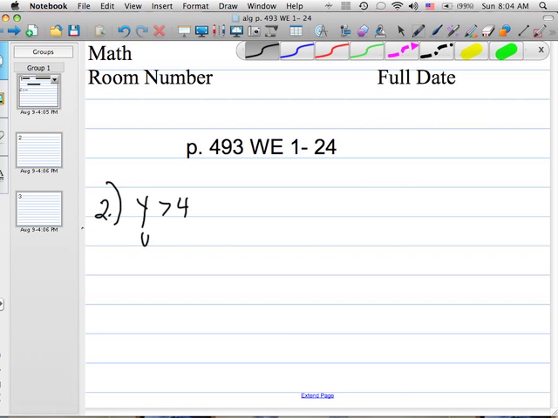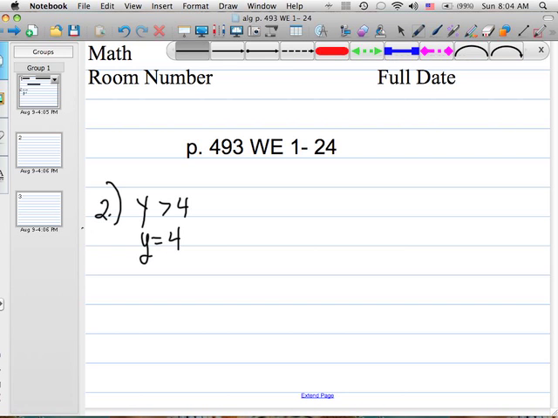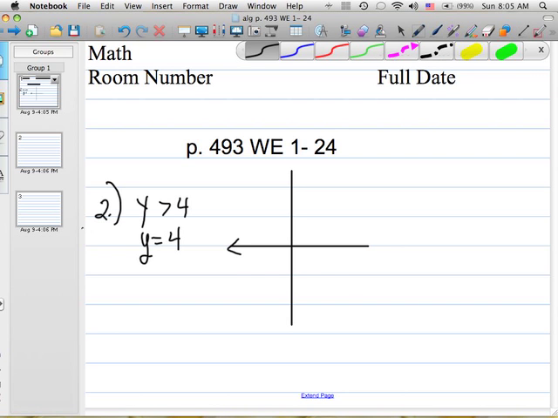The boundary equation would be y equals 4. So if I make a little coordinate plane here, y equals 4 is a horizontal line, with 0 slope, so we go up to y equals 4. And that's the intercept right there.